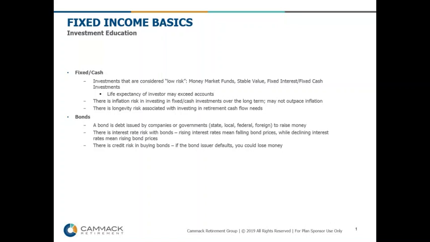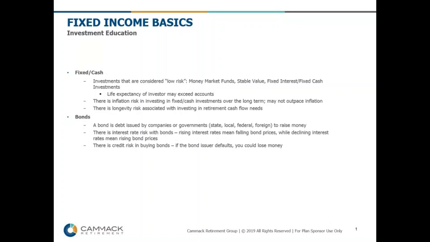So the yield on the bond equals this interest rate over the price of the bond. If you buy corporate bonds, you get a greater yield because there's a little bit more risk. All bonds have a certain degree of interest rate risk. So if rates fall, for instance, prices increase. If rates increase, prices decrease.